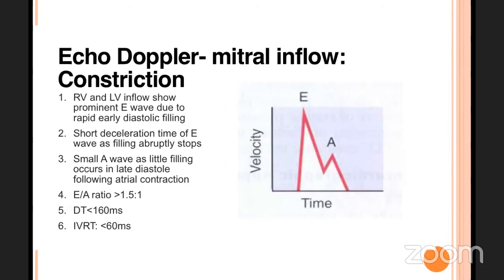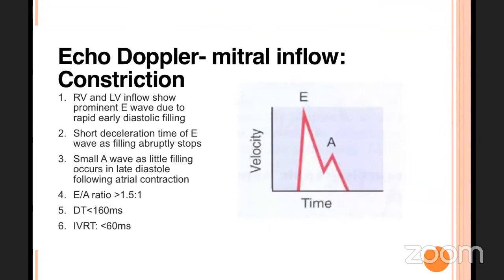And isovolumic relaxation time is also short, normally less than 60 milliseconds. But this type of flow pattern is common to both constrictive pericarditis and restrictive cardiomyopathy.